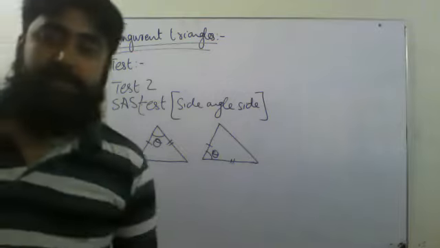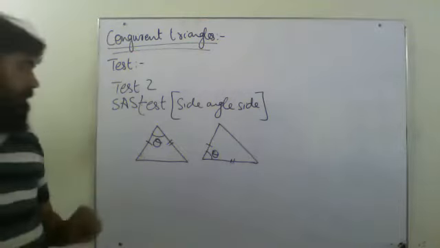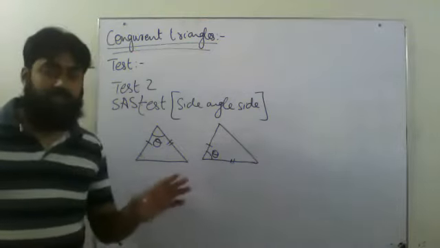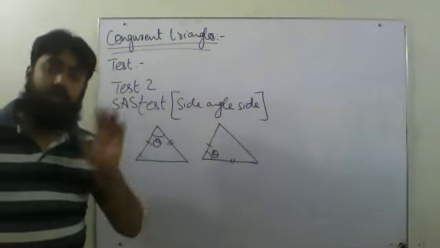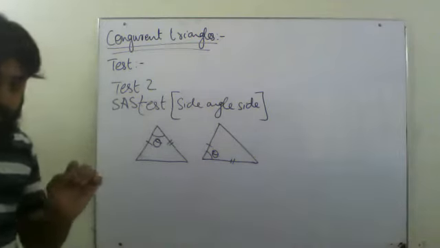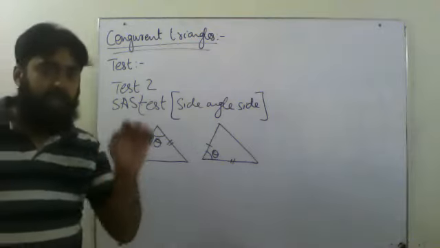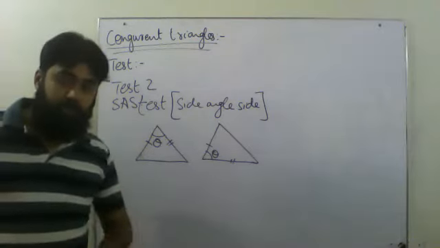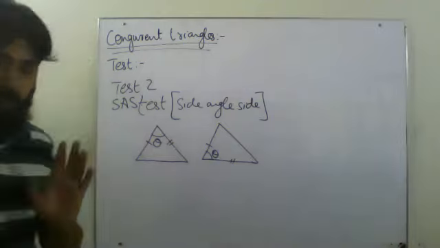Now, what is the test saying? The test is saying that you don't have to check all 6 things, all the angles and all the sides. The test gives you limited things. If those things are equal to each other, it means the pair is congruent.